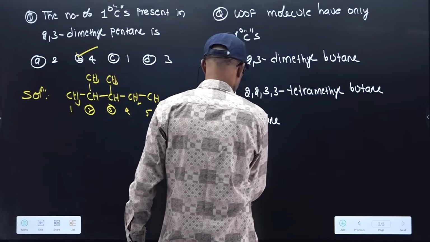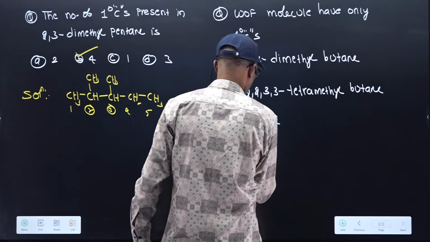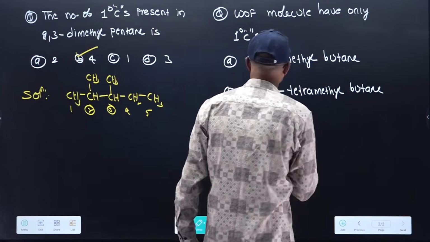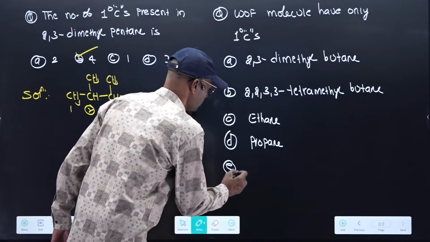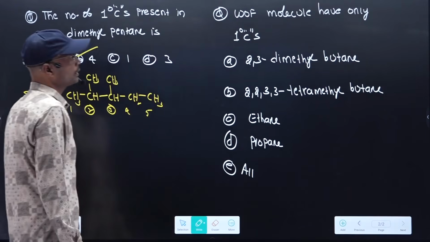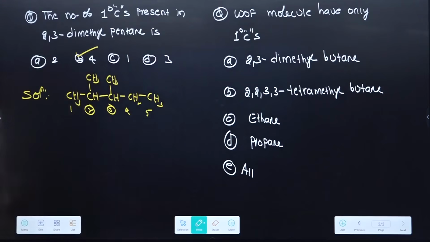Ethane. D. Propane. So option E all. Which will carry only primary carbons?